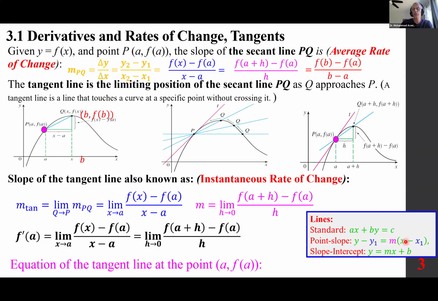According to point-slope, it becomes y minus y1, f of a, equals m, which is f prime of a, times x minus x1, which is a. So f prime of a is the slope of the tangent line at x equals a. So this is at a specific point.